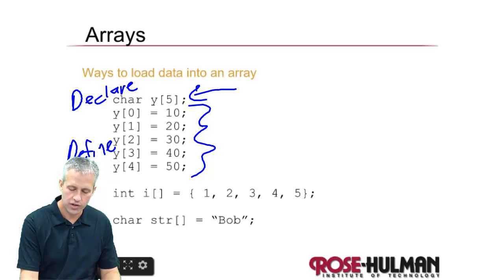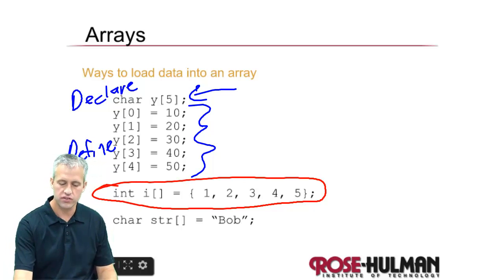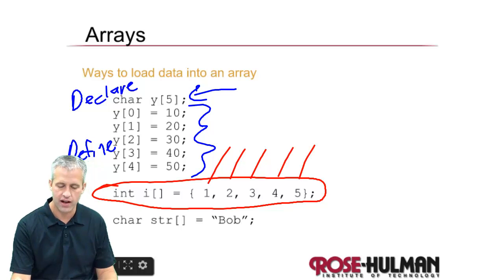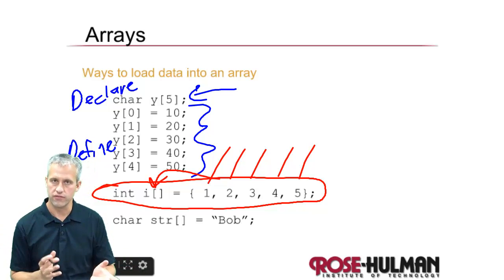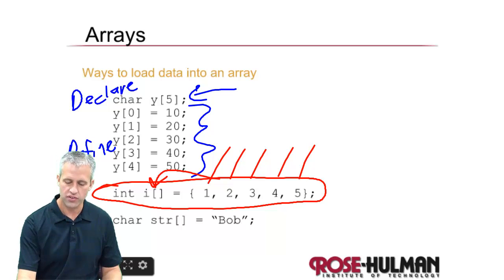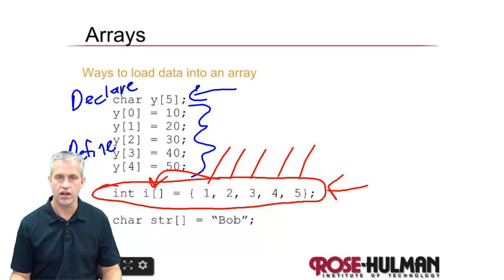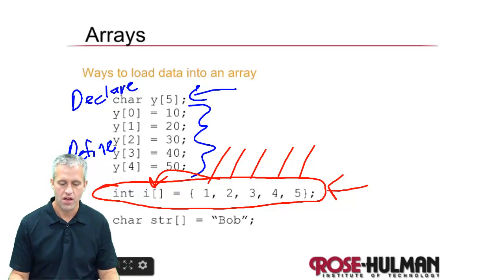One way you can do it is you can declare and define in one step, and what this does is it says, put in a 1, a 2, a 3, a 4, and a 5. Since you're doing it all in one step, you don't have to say the size. It will infer the size based on how many you filled it in with. So this is the generic way to fill an array. So declare and define in one step.